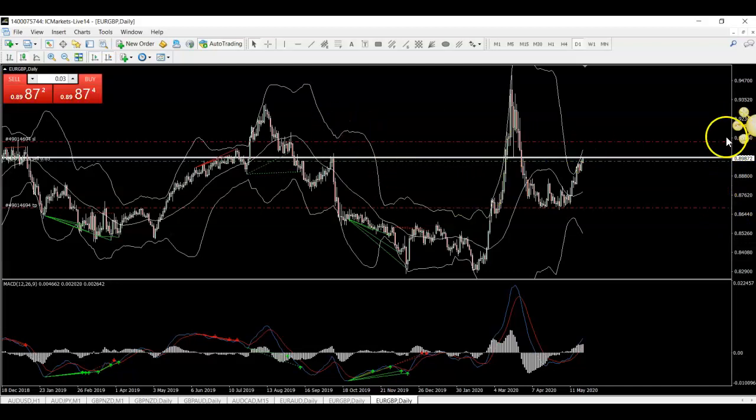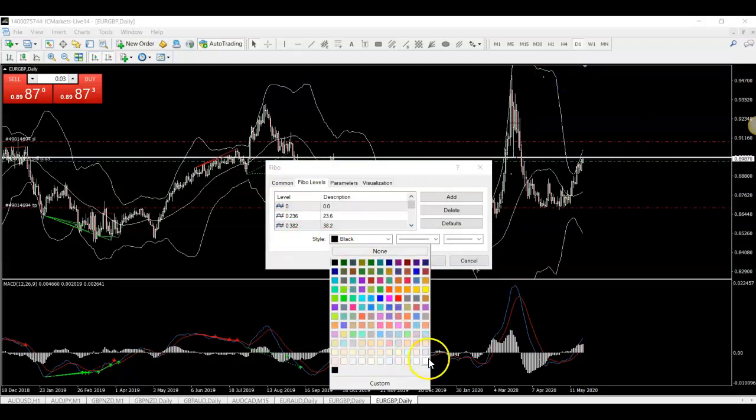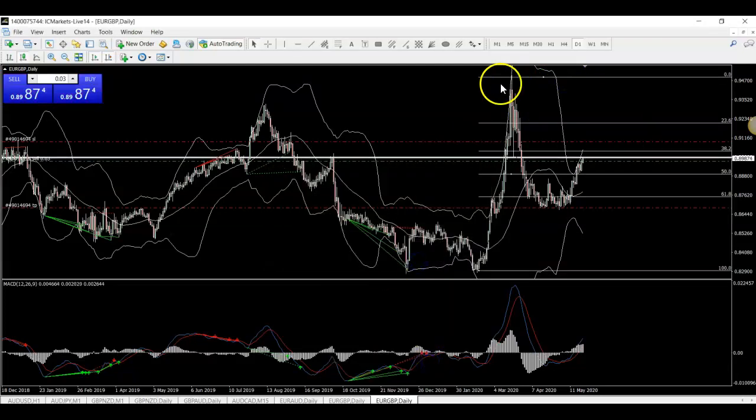So firstly, I'll see if from this leg up here there were any fib lines that line up. And you can see straight away that there's a 38.2 fib line that's lining up with this leg up here.